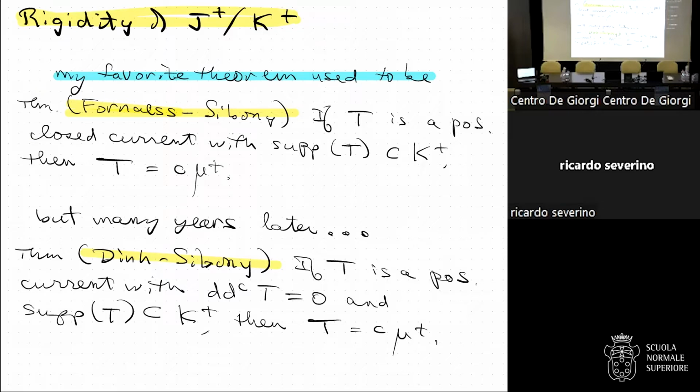It says that there's only one positive closed current supported on K plus. And then Dinh and Sibony weakened the closed condition to dd^c closed.